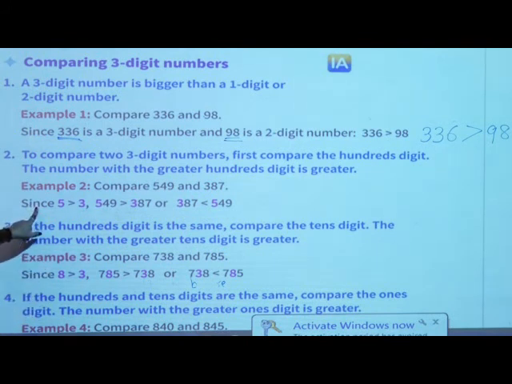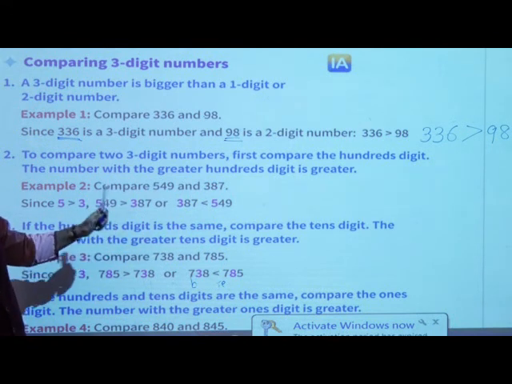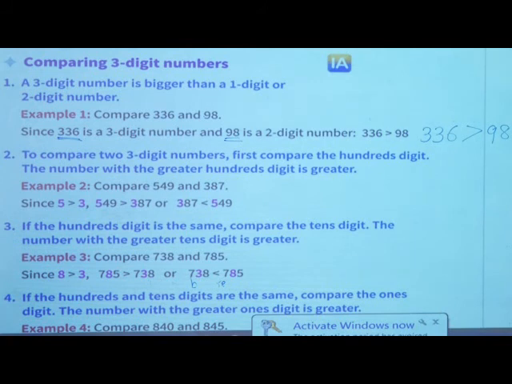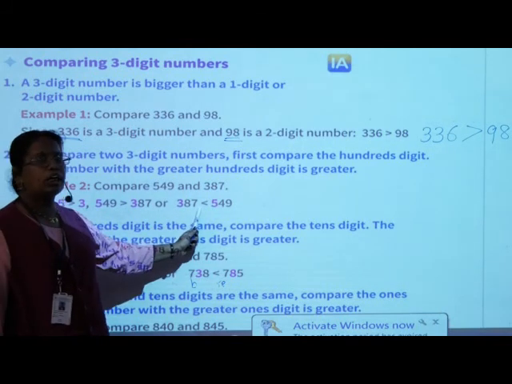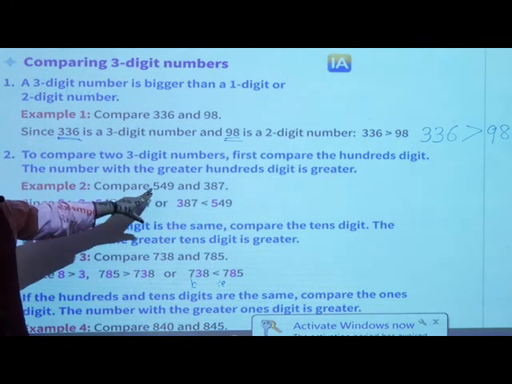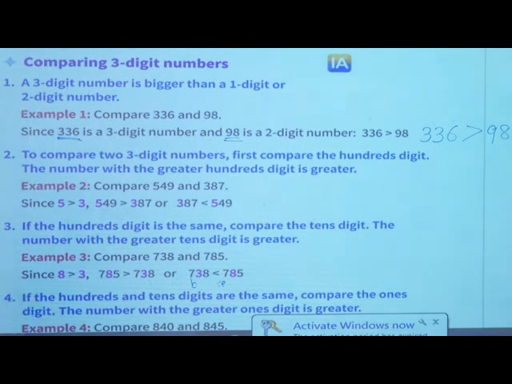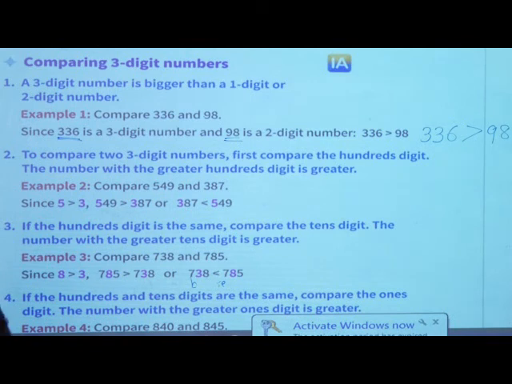Since 5 is greater than 3, 549 is greater than 387, or 387 is smaller than 549. To do it in 3-digit numbers, first you will compare the hundreds. The number with the greater hundreds digit is greater.